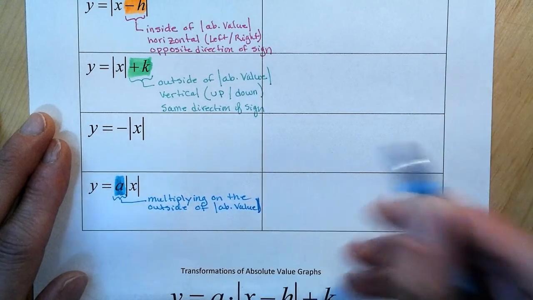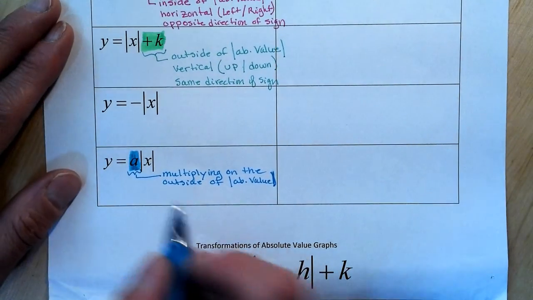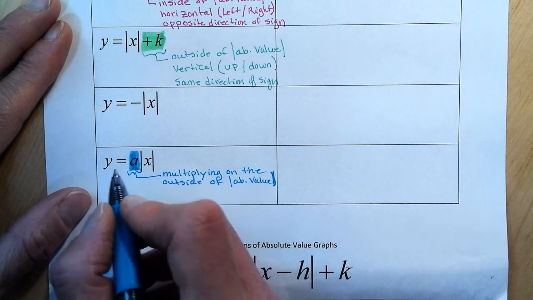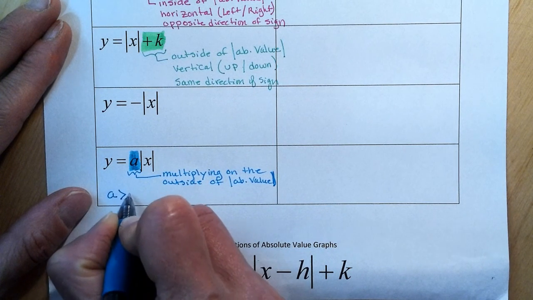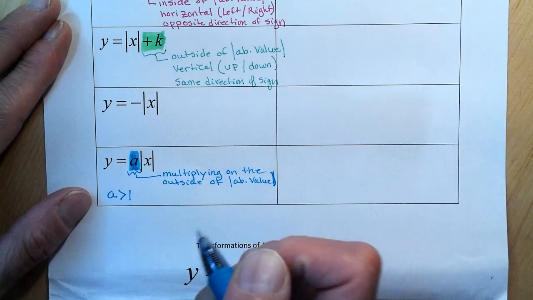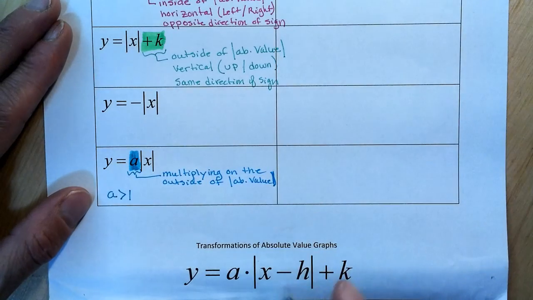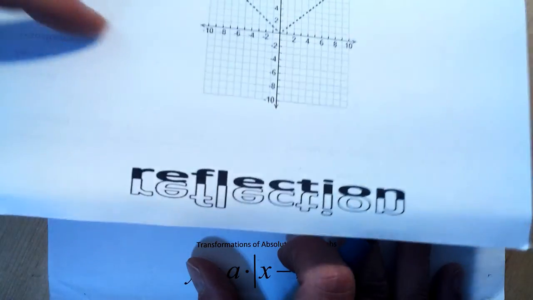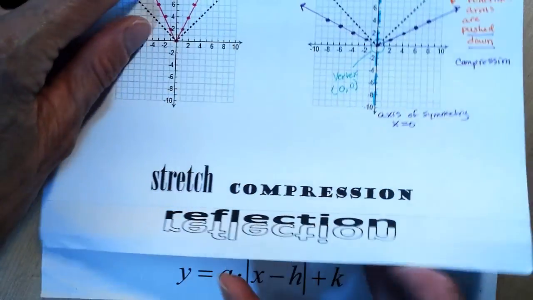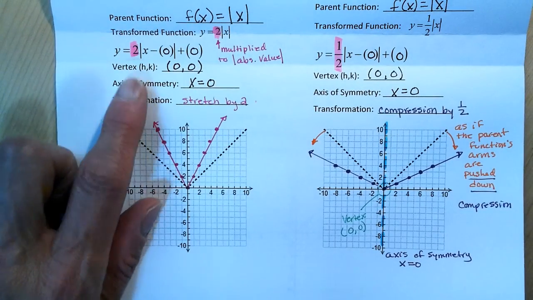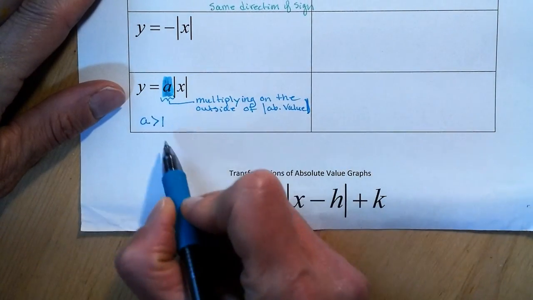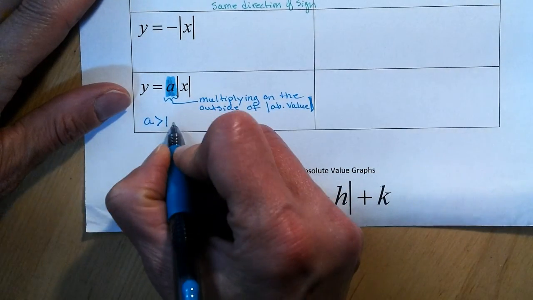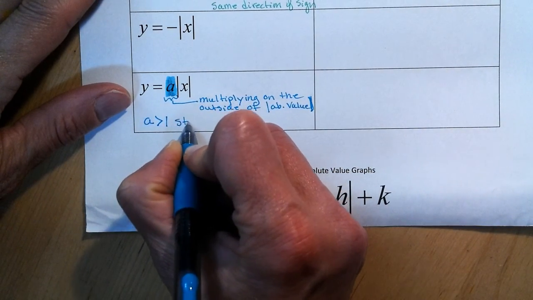And if A was greater than 1, which we notice with the number 2, so when I look back over here, when this is bigger than a number 1, it gave me a stretch by 2. So if the value of A is bigger than 1, I get a stretch.